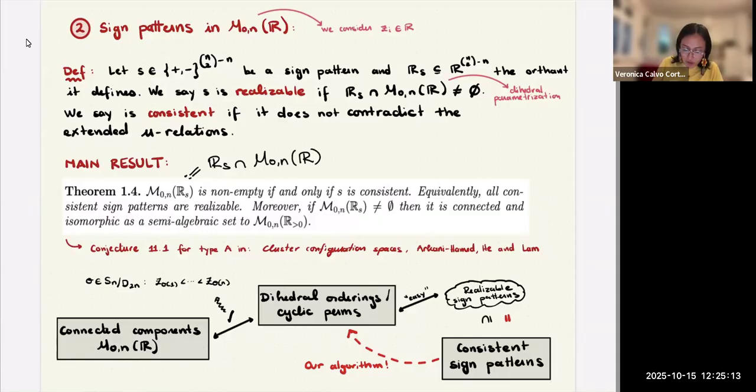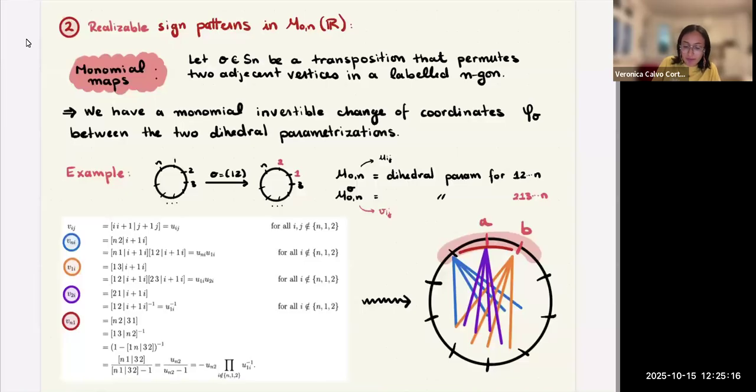Okay, so let me tell you what the main ingredient of our algorithm is, and these are these monomial maps. As with basically anything that happens in the symmetric group, we're going to build it up from transpositions.